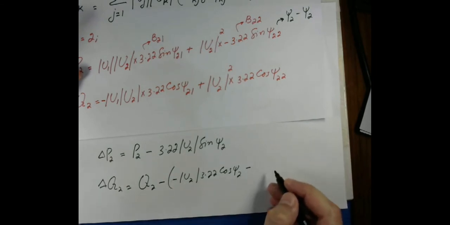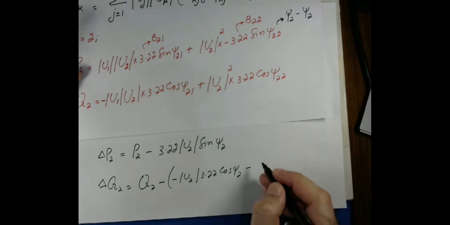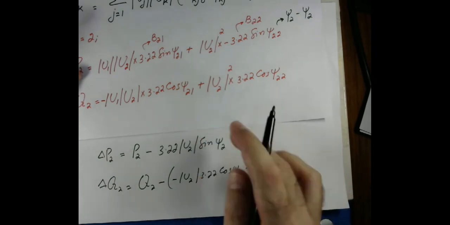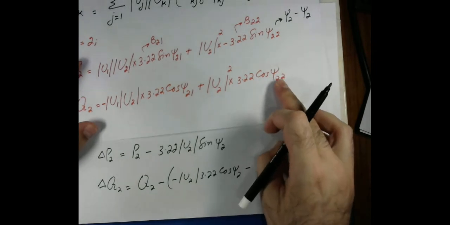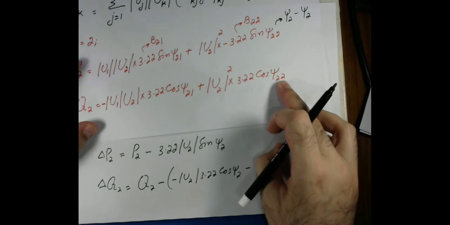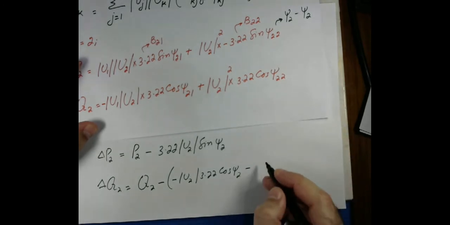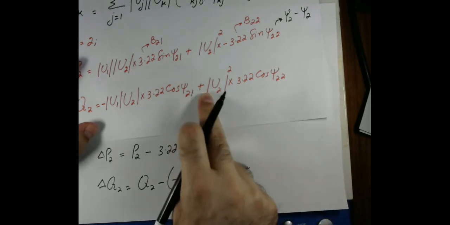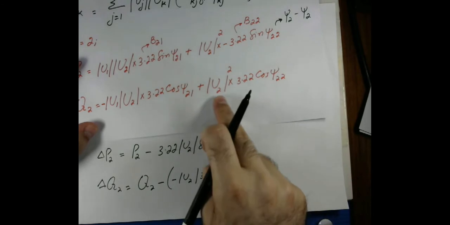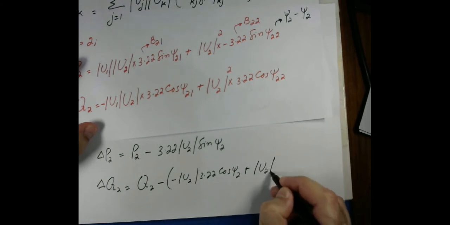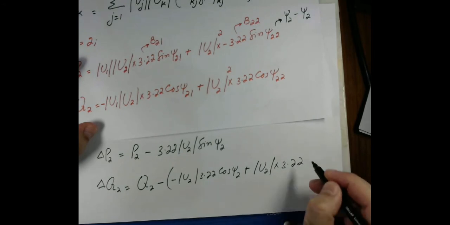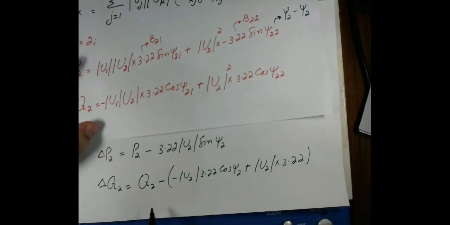Minus the other term, which is cos of 0, because this is the same angle, so that will be plus here, not minus, plus U2 square into 3.22.